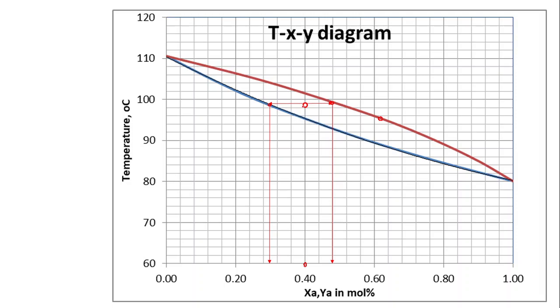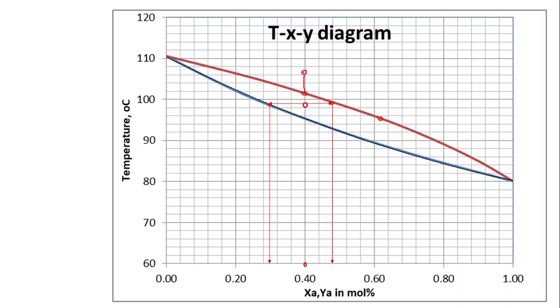And again you supply the heat, it will reach this point, and at that point all the liquid will be vaporized, and the composition is 40% A, but that is in the vapor phase. And if you again supply the heat, it will reach this point, where the composition is the same, only the temperature is now about 105 degrees Celsius, but it is a superheated vapor.